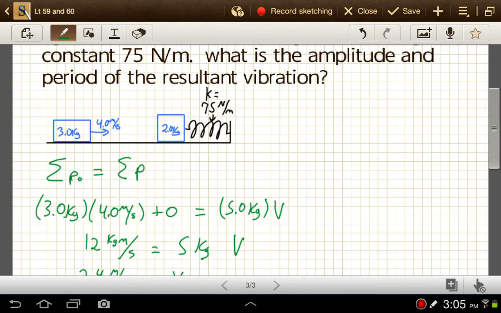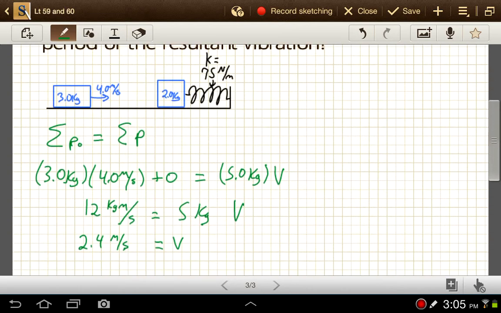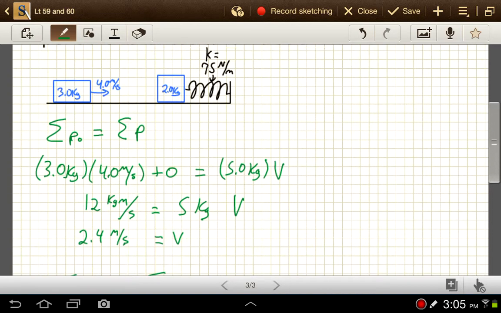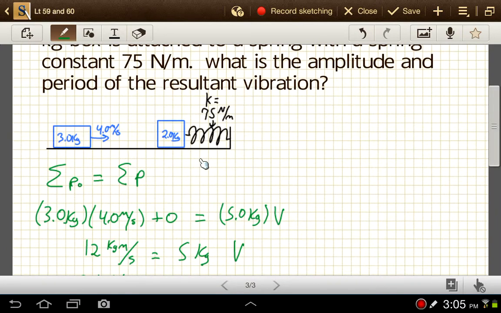So initially we're going to have just the motion of the two blocks, 1/2, and I'll switch to a big M for the two masses combined, v squared is equal to, and then at some point later that mass is going to come to a rest, and that'll happen when that spring is as compressed as it can get.